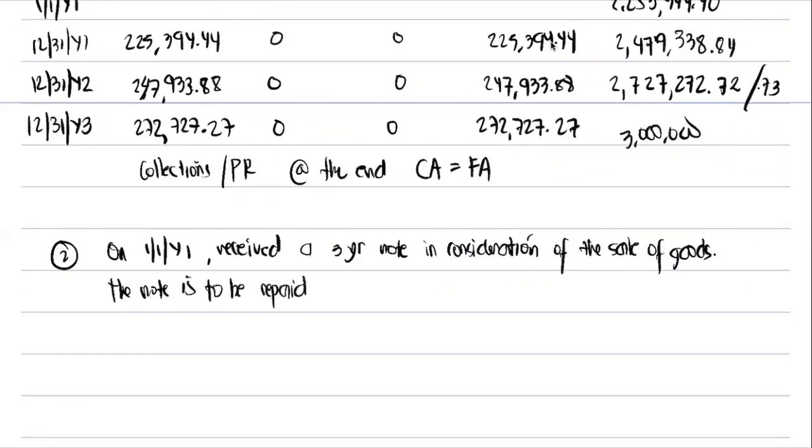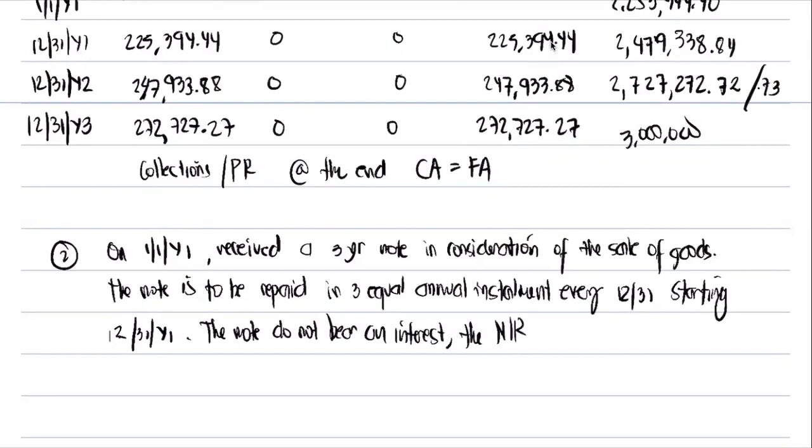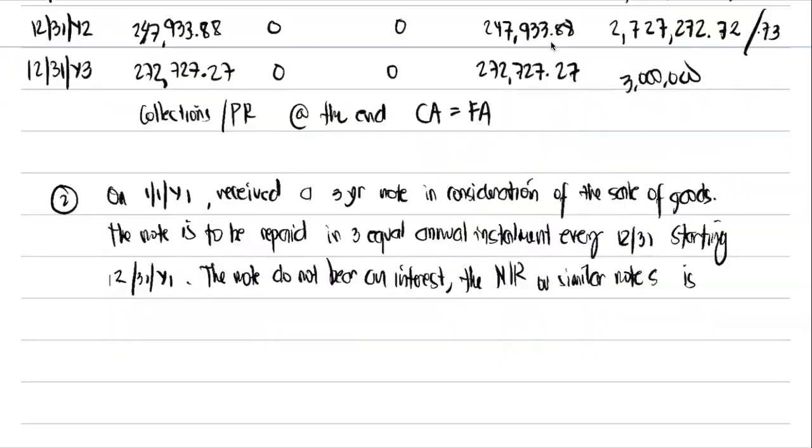The note is to be repaid in 3 equal annual installments every December 31, starting December 31, year 1. The note does not bear an interest. The market interest rate on similar notes is 10%.